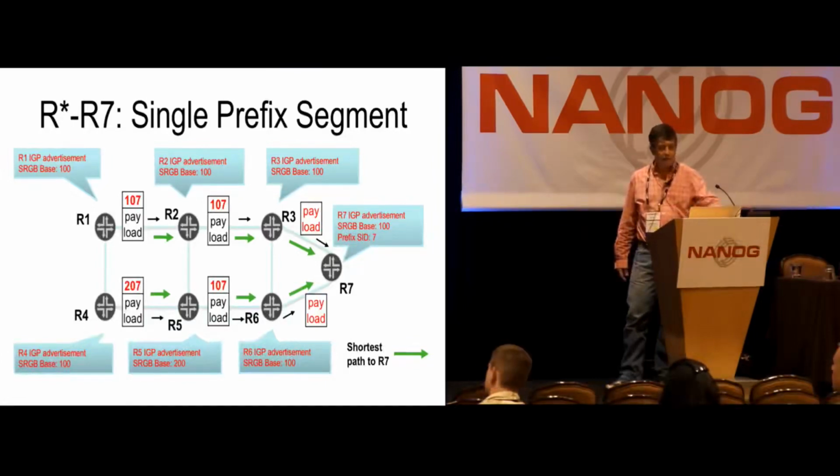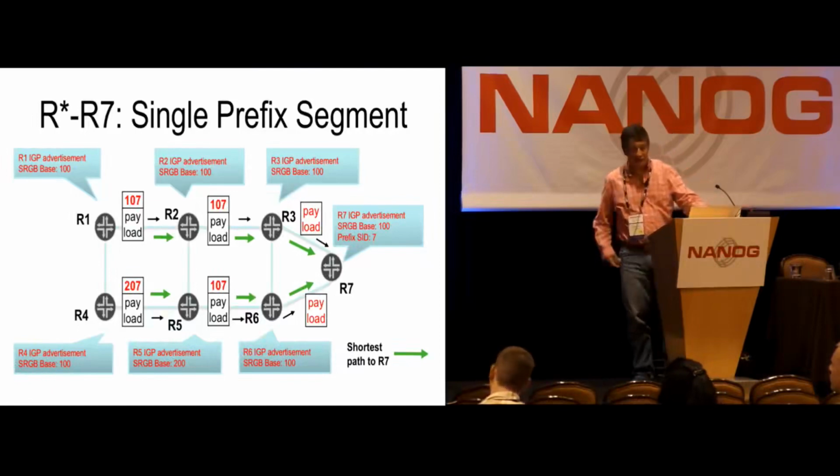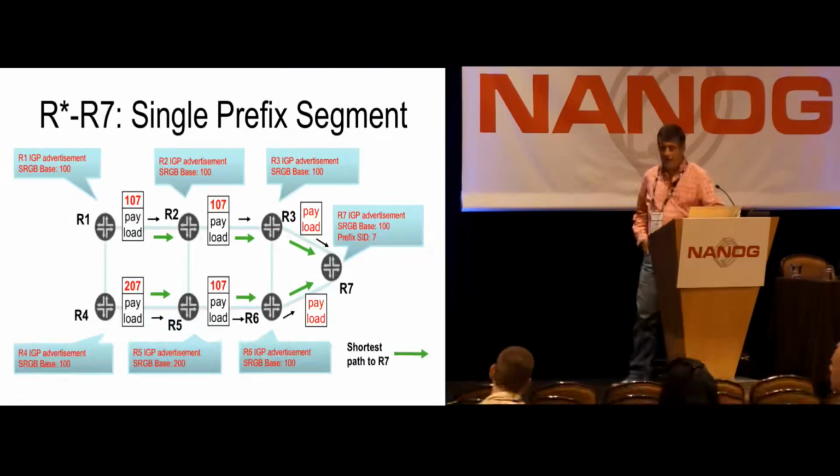R1 needs to define a label that will get him to R7. He adds his SRGB to the number 7, what R7 advertised, and he gets label 107, and he pushes it to R2. Notice he only had to push one label on the stack. He didn't have to push a whole bunch of them, because SID7 maps to the IGP shortest path to R7.